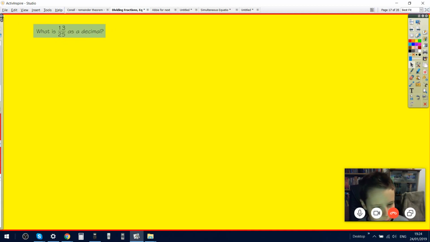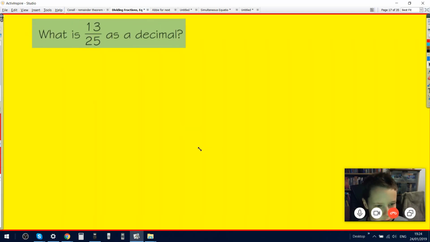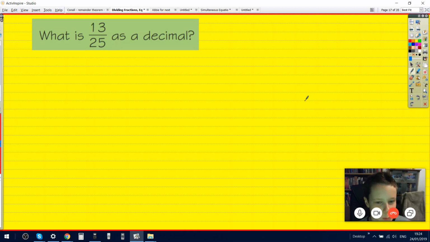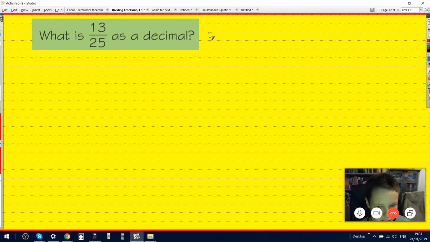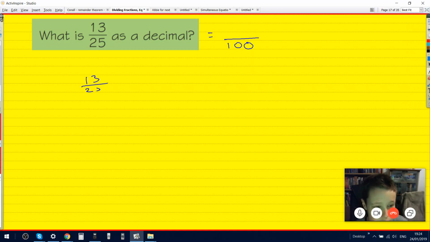Okay. Let's see. So what would this be? So 13 over 25 as a decimal. Well, I think it would be something quarters, because I think 25 is the same as 1/4. It'd be easier to get it over 100, but you have the right idea. So 13 over 25 equals something over 100.